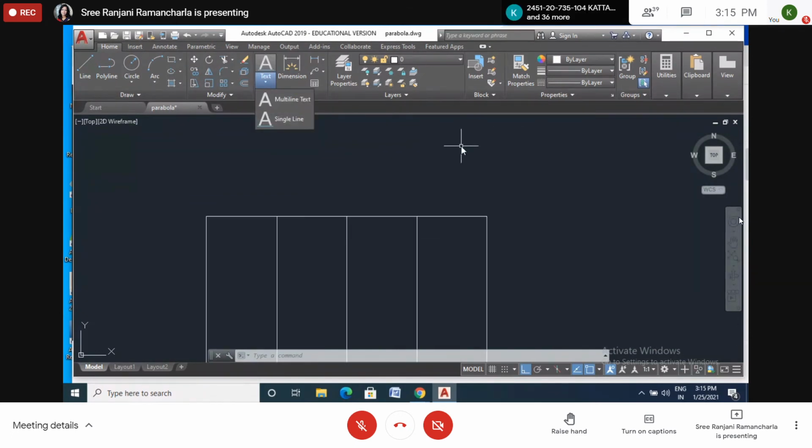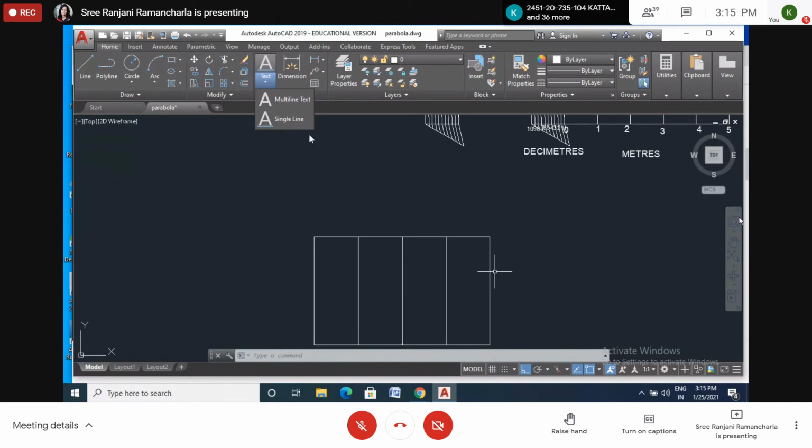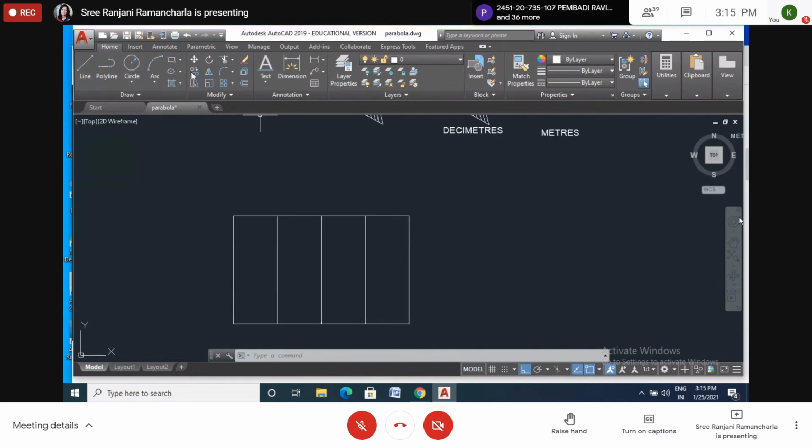Let me write one more thing. I will copy another case, like we did in the last class, the scale case, and we have to do it like that. So this one I will copy, this part.